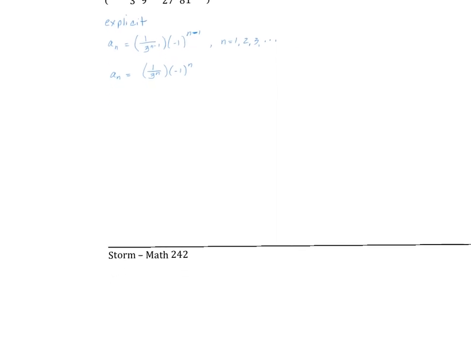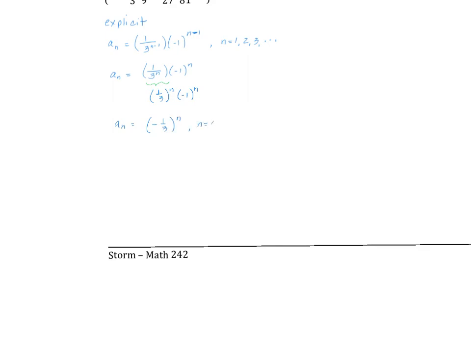And I can actually play around with this even more, because this 1 over 3 to the n could be written as 1/3 to the power of n. Notice that I'm multiplying with the same exponent, which means I could write it as negative 1/3 all to the n power.